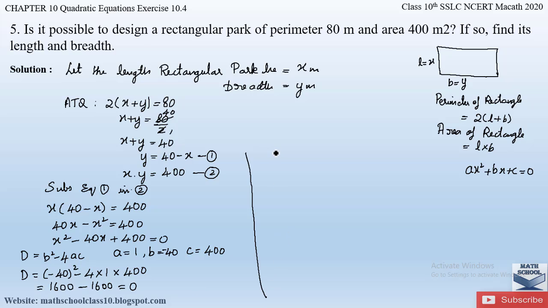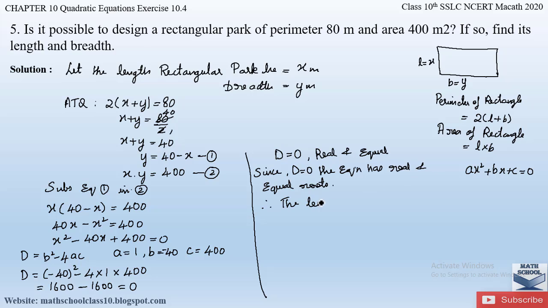Since the d value is equal to 0 here, we know that we will obtain real and equal roots. Therefore, it is possible to design a rectangular park so that we can obtain the x and y values. So write down: since d is equal to 0, the equation has real and equal roots.